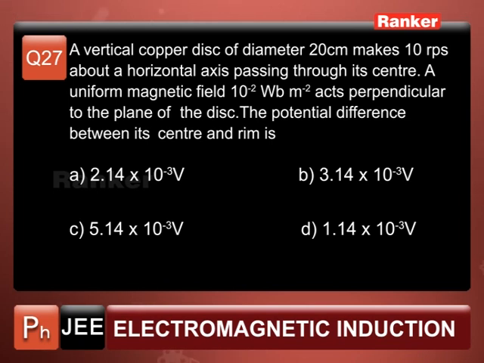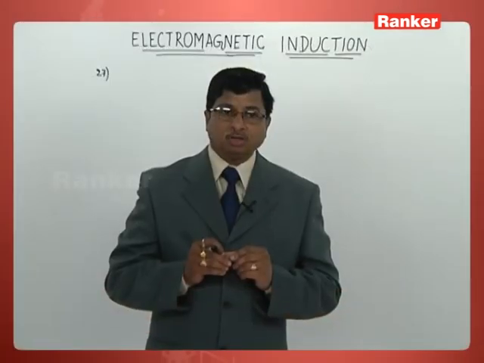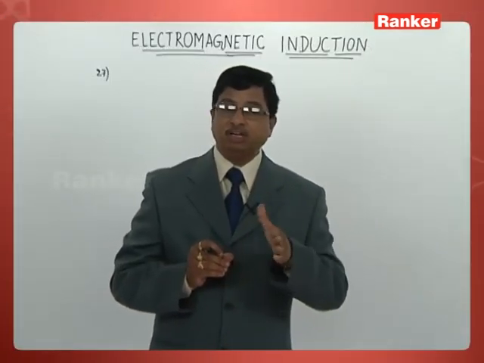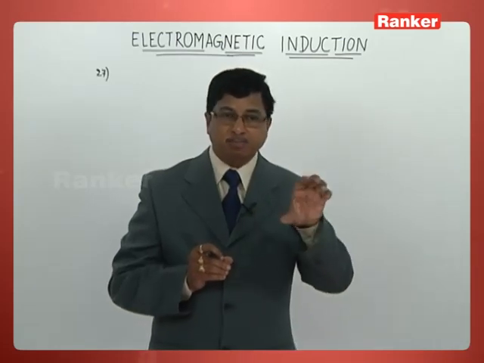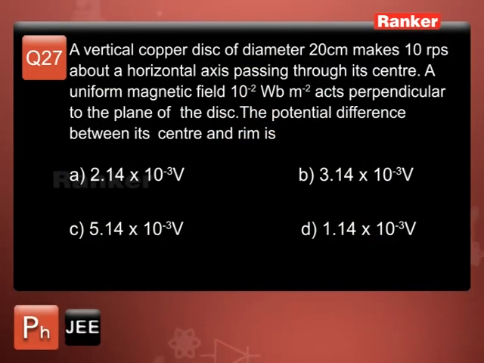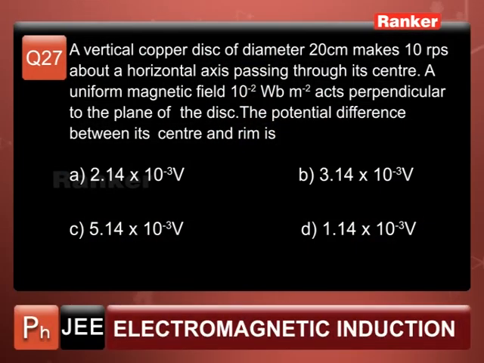Acting perpendicular to the plane of the disc means that will definitely be maximum. So what is the concept here? The potential difference between its center and the rim is how much? Another thing, he is giving us 4 different options. First option is 2.14 into 10 power minus 3 volt.